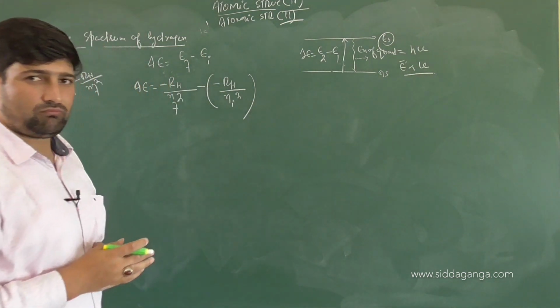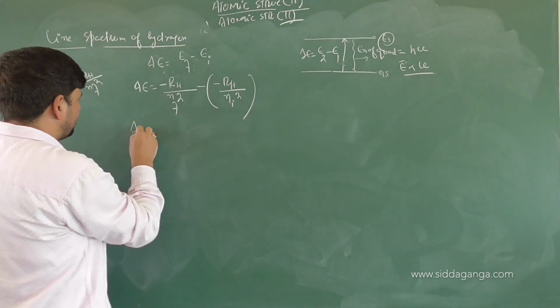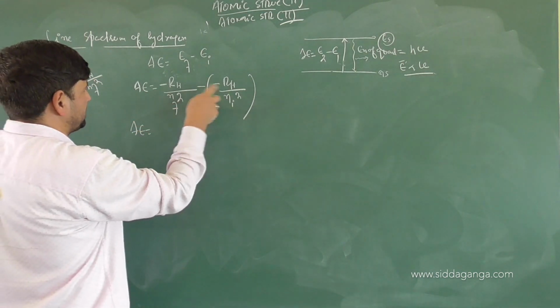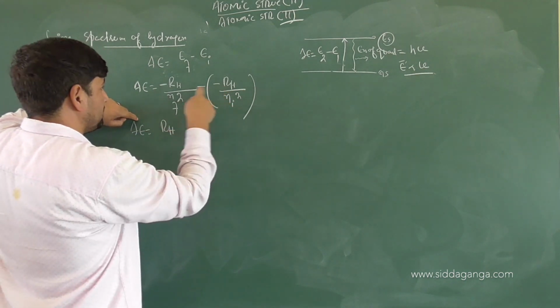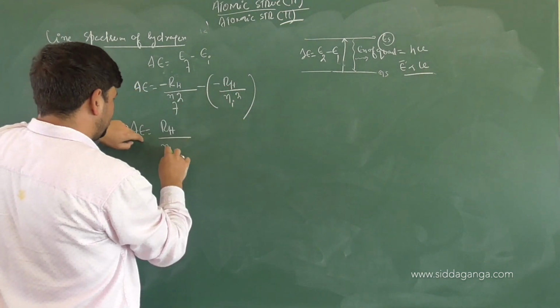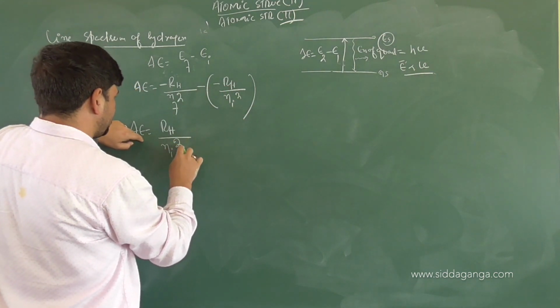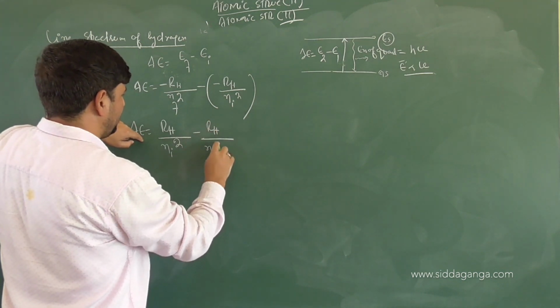Clear so far? Excellent. So what will delta E further be equal to? I will just transfer this equation here. It will be RH, minus will be plus, RH divided by n initial square minus RH divided by n final square.